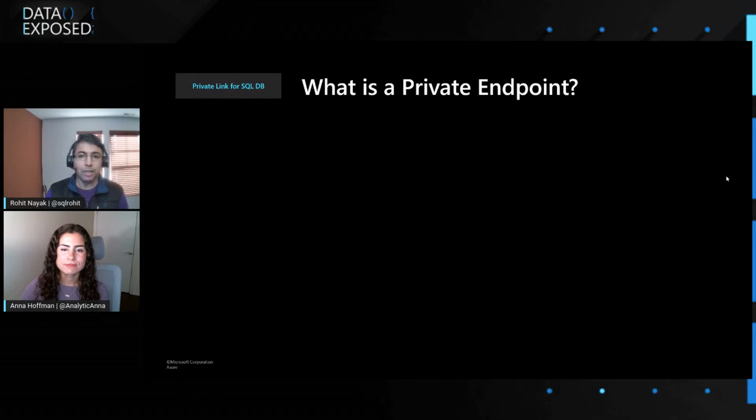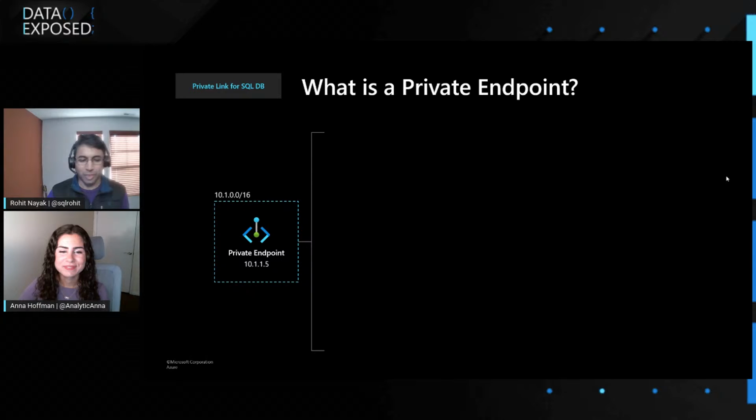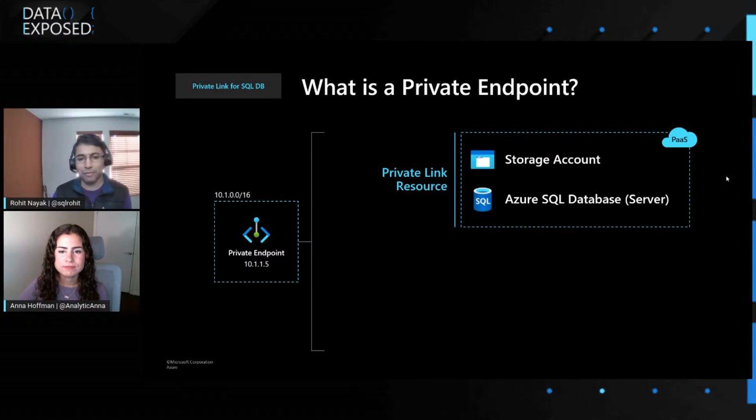Let me peel the layers of the onion a little bit and talk more about what actually is a private endpoint. At a very high level, it's just an IP address, but a little bit more than that. To create a private endpoint, you need three things. Number one is the private link resource, which means the PaaS service that you're connecting to.